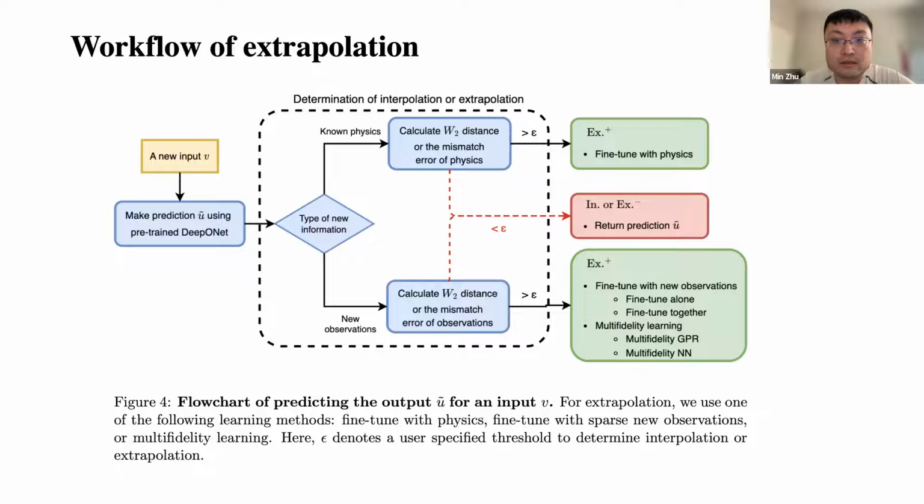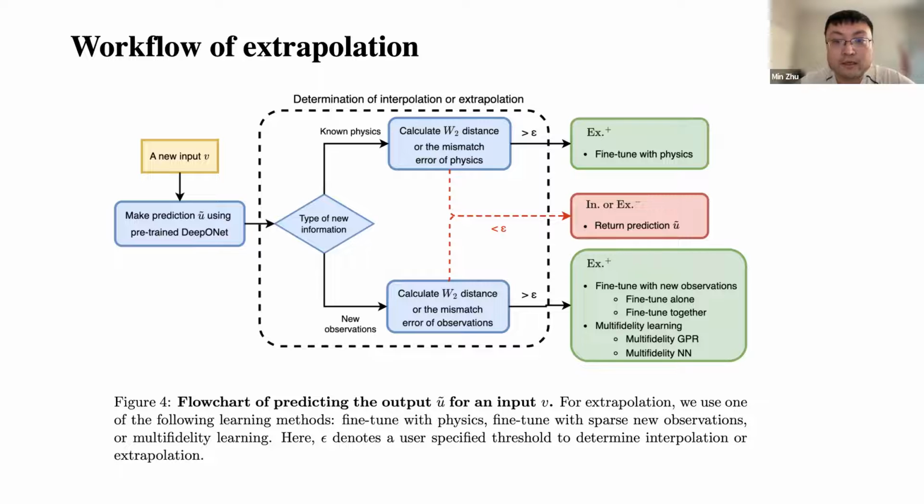Next, in general, it is very difficult to have accurate predictions for extrapolation. Hence, in order to reduce the extrapolation error, it is essential to have additional information. Here we consider the following two scenarios and develop corresponding methods to address them.